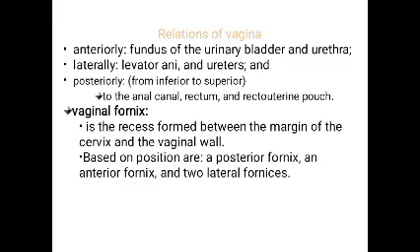The vaginal fornix is a recess formed between the margin of the cervix and the vaginal wall. Based on position, there are the posterior fornix, the anterior fornix, and two lateral fornices.